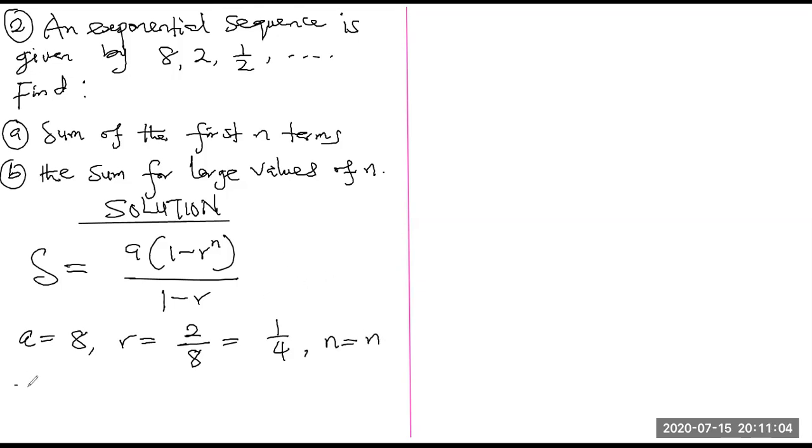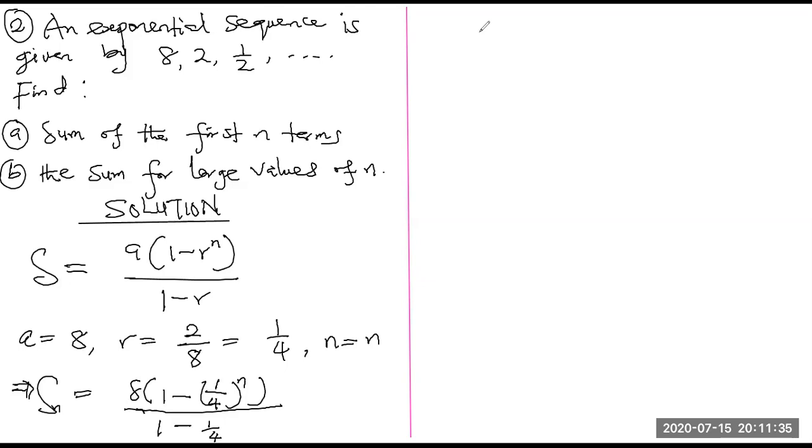So that implies that Sn is equal to 8, substituting into 1 minus 1 over 4 raised to power n, divided by 1 minus 1 over 4. Of course, your denominator, 1 minus 1 over 4 gives us 3 over 4.